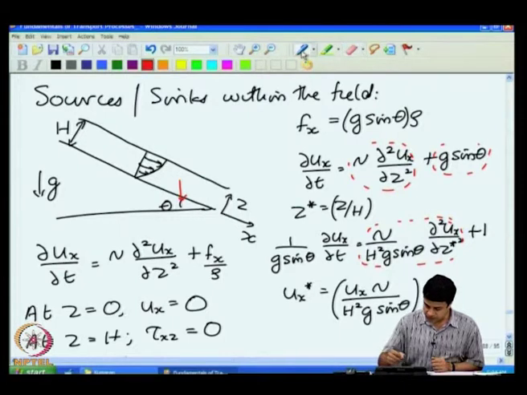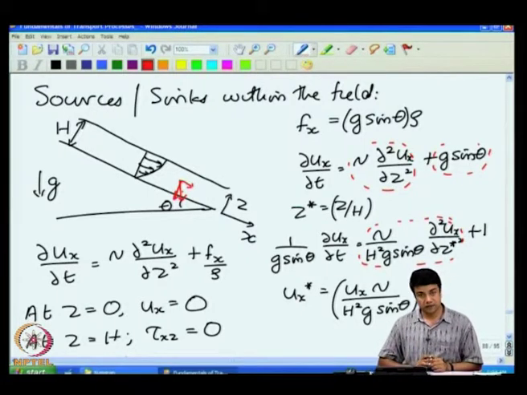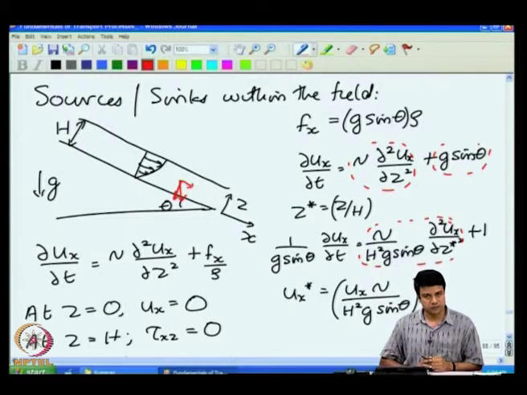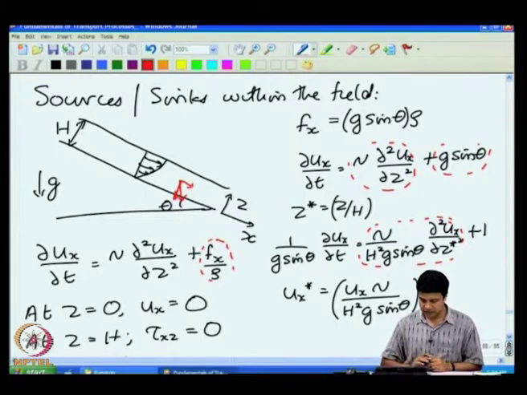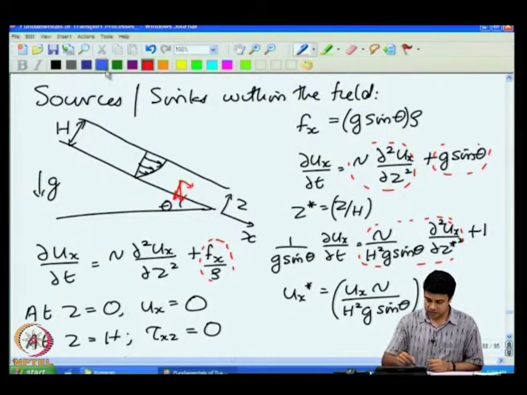if I resolve it into components along and perpendicular, I will get a component both along and perpendicular to the flow direction. The component of the gravitational force along the flow direction is what results in the fluid flow, and that exerts a force within the fluid itself. Okay. And therefore, we have an equation with an inhomogeneous term here.